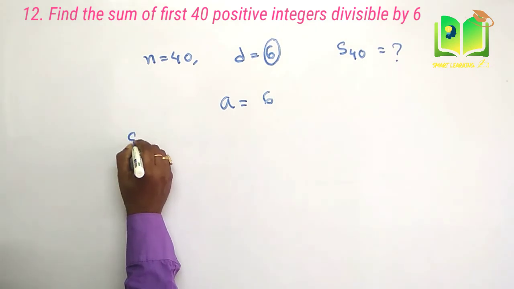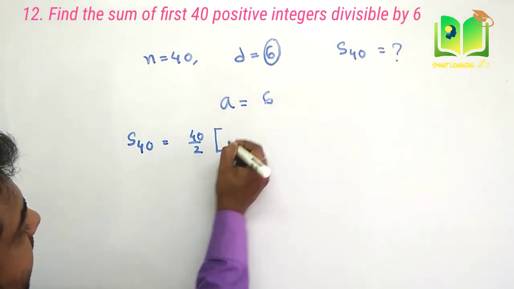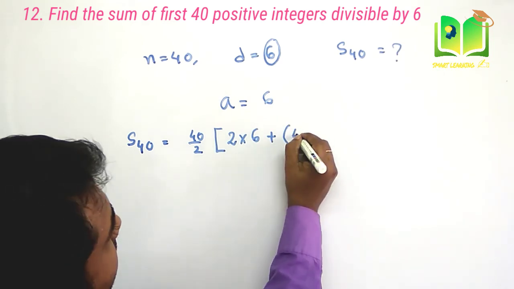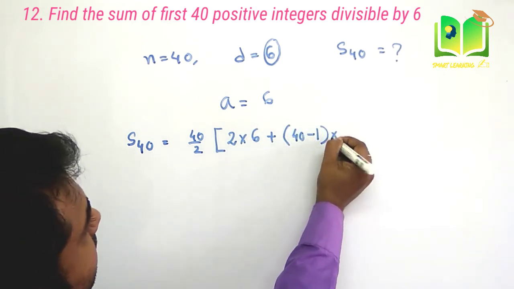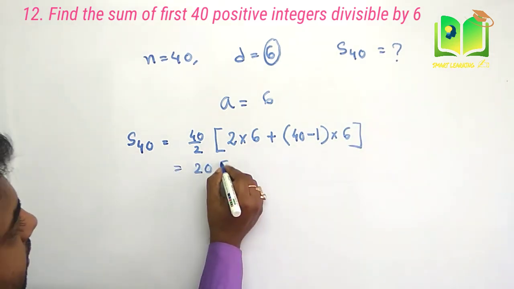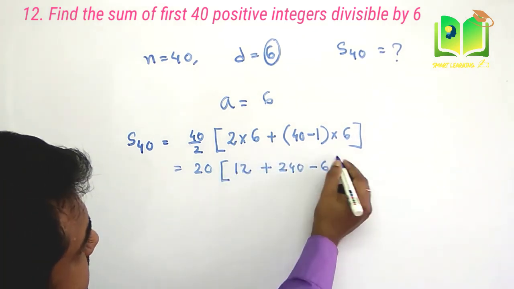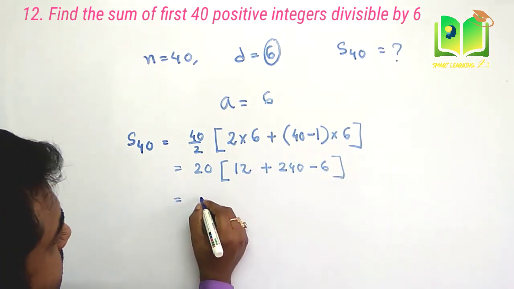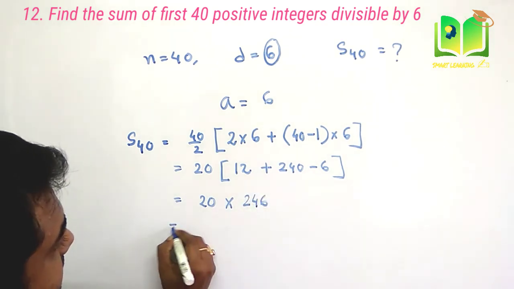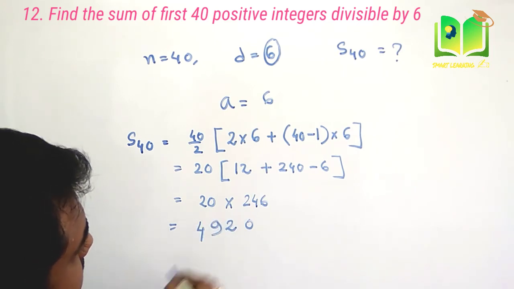So definitely S40 is what? 40 by 2 within bracket 2 into 6 plus 40 minus 1 into 6 equals to 20 into 12 plus 240 minus 6 equals to 20 into 246, which is 4920.